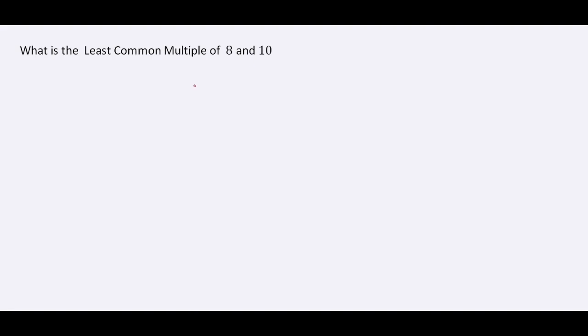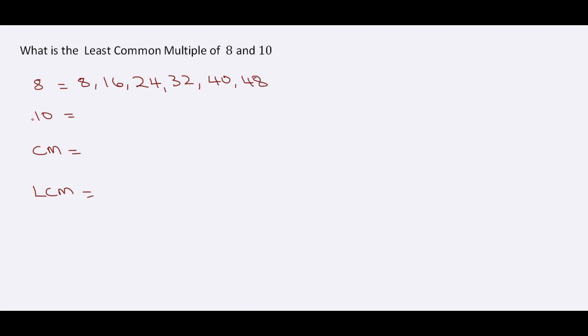So find the least common multiple of 8 and 10. Let's start with 8, and then we go to 10, and then we have common multiples, and then the least common multiple. So this is how we're going to go about it. We have 8 multiplied by 1, 8, by 2, 16, by 3, 24, by 4, 32, by 5, 40, by 6, 48.